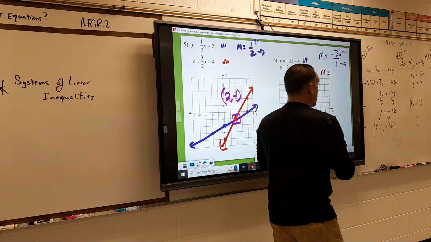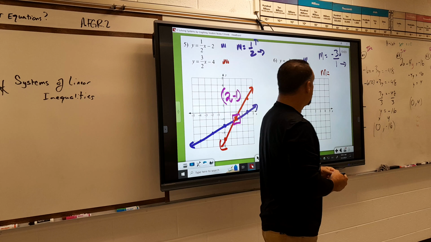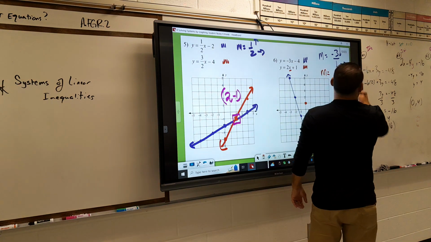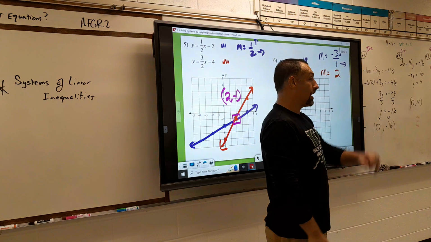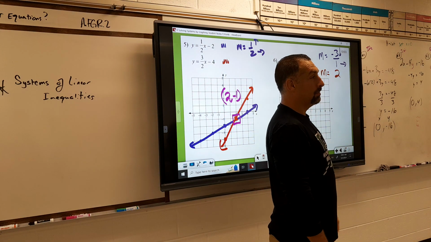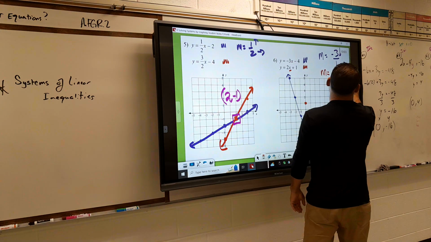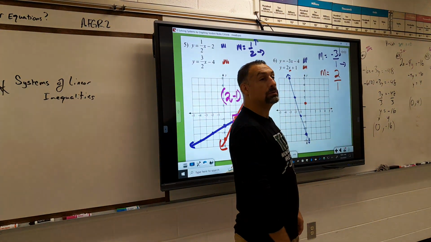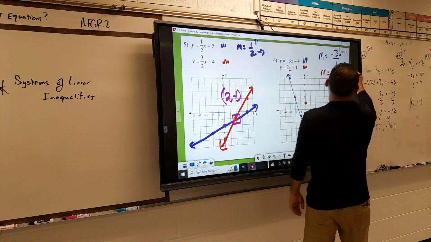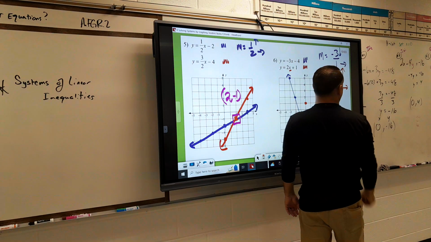There's x. What number is before it? It's a 2. Is that a fraction? No, Noah, how do I make it a fraction? It's 2 over 1. Put it over 1. It's positive. Do we go up or down? It's up.